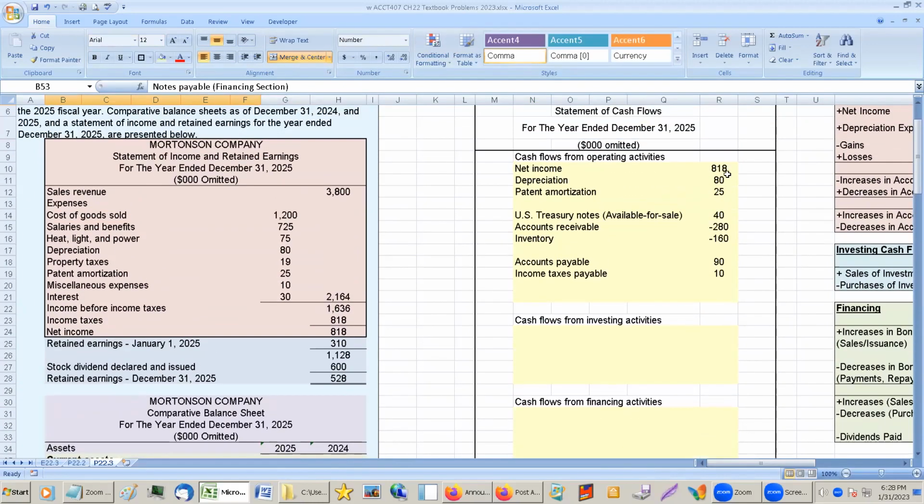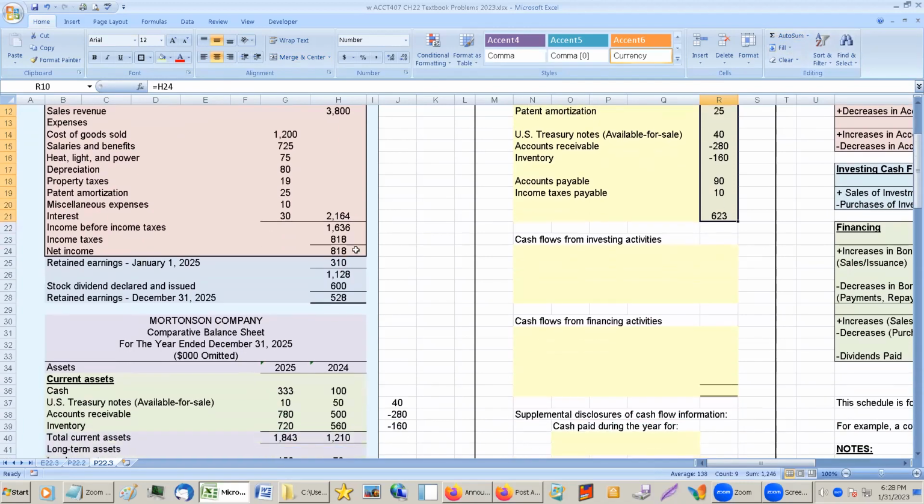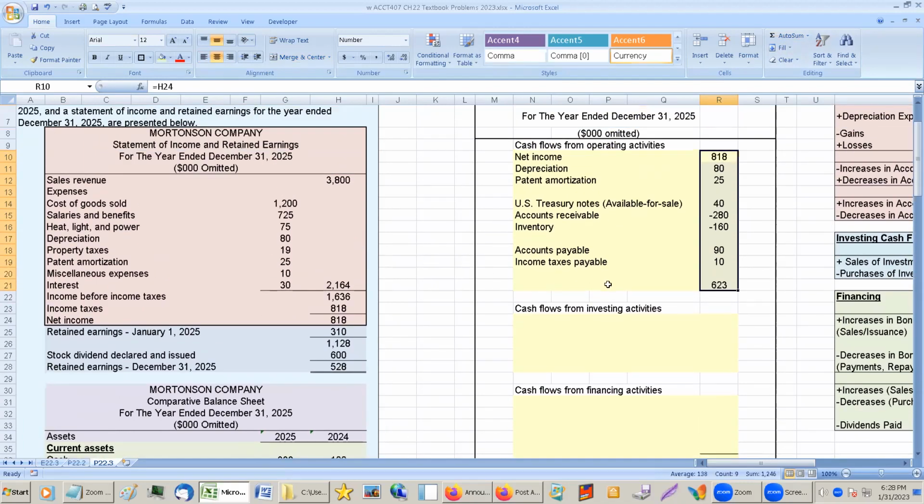Okay, so I think we have everything here. So this would be the net operating cash flows.